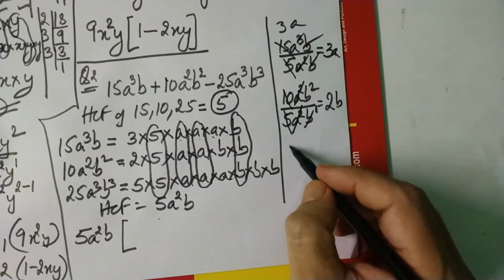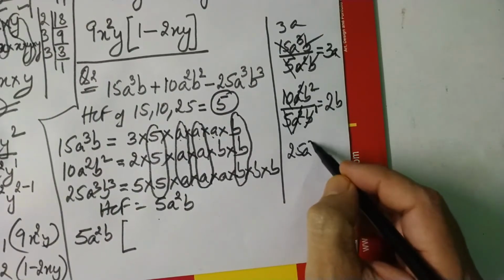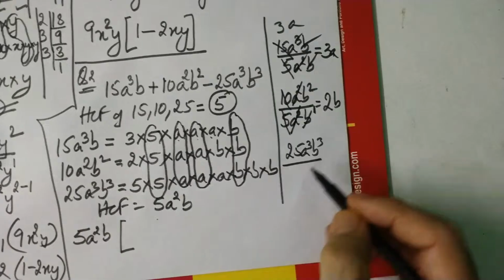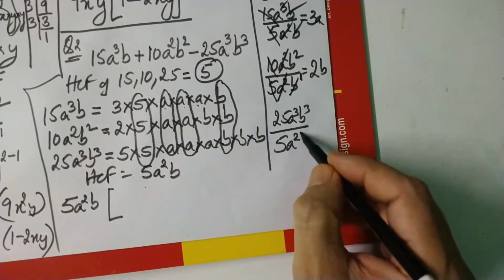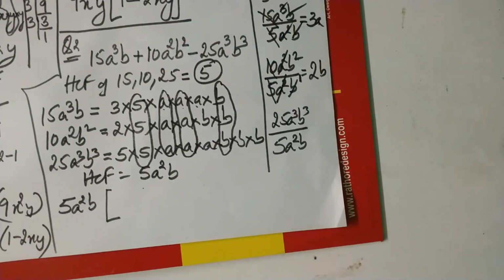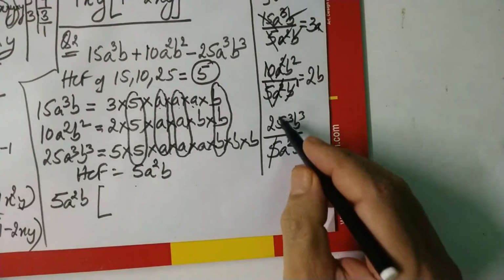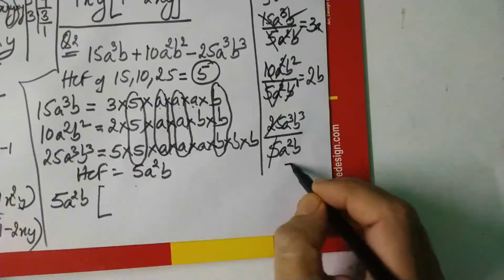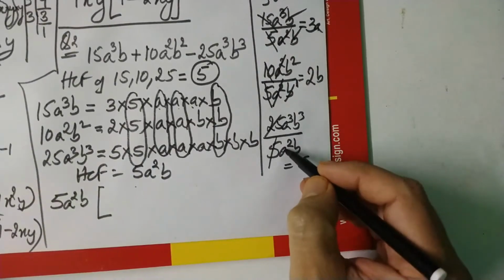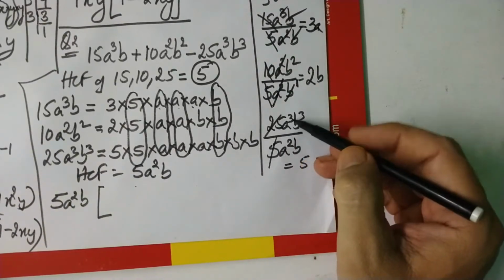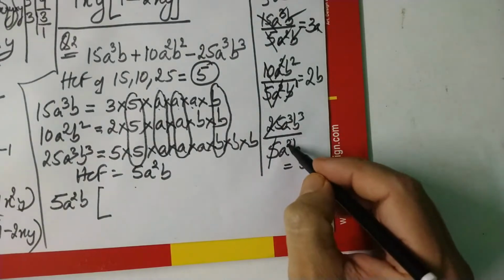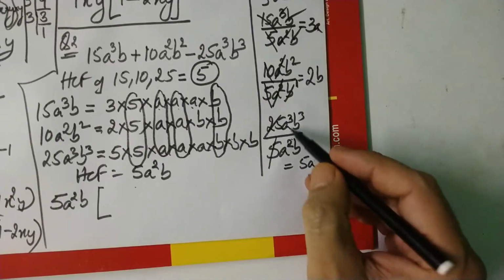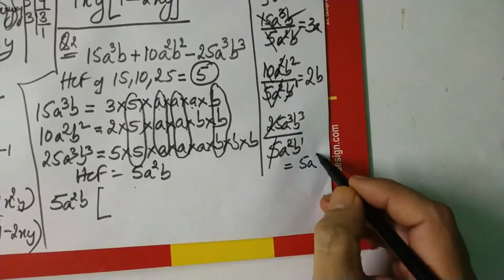Third number is 25A cube B cube divided by again the same HCF, 5A square B. Now when you divide, 5 will divide this, it will become 5, and A cube and A square, the powers will subtract, 3 minus 2, so A. And B cube and B will become B square.